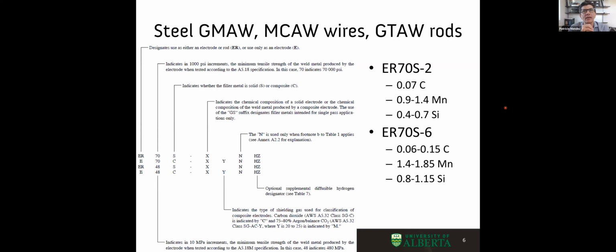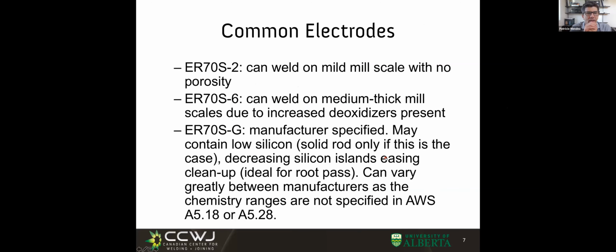You do it by having high silicon or high manganese that are very reactive with oxygen and then float to the surface in the form of silicates or some amount of slag or impurities that float on the weld pool. So yeah, if we wanted to weld a rusty plate, it would be ER70S-6.